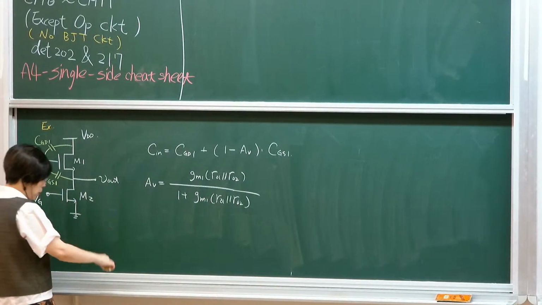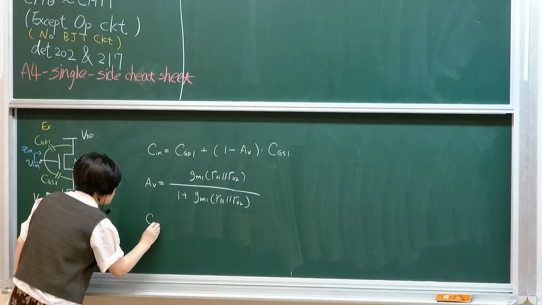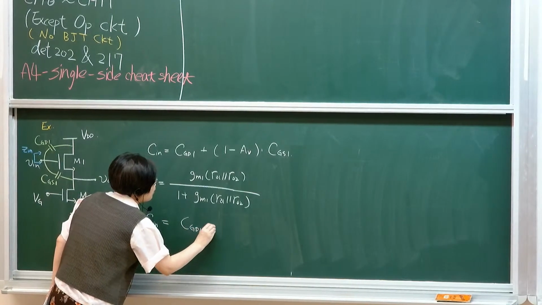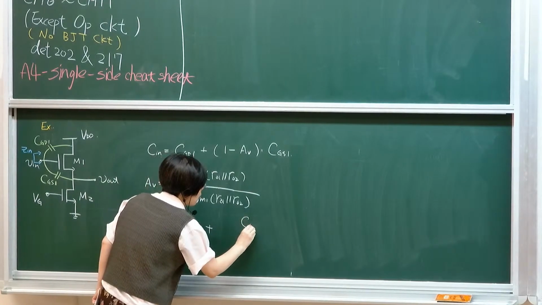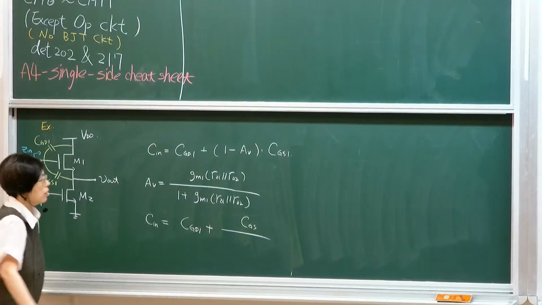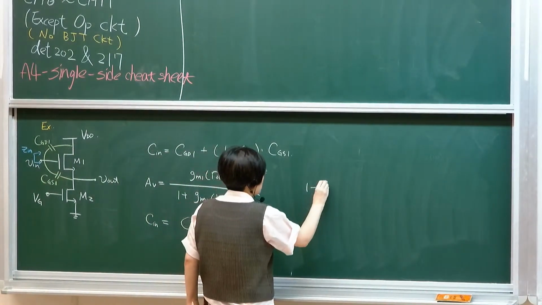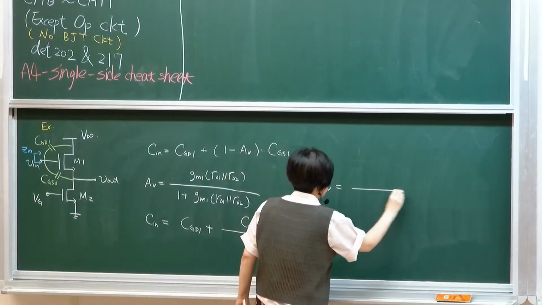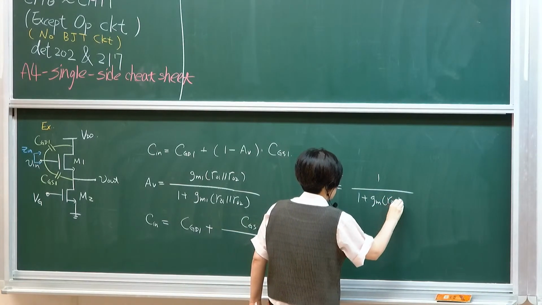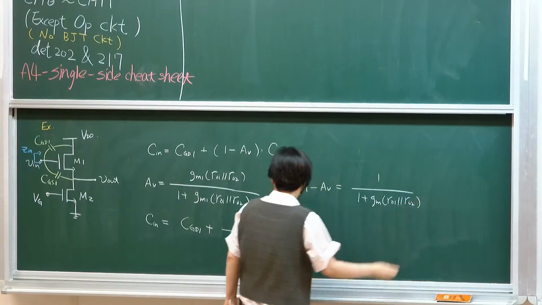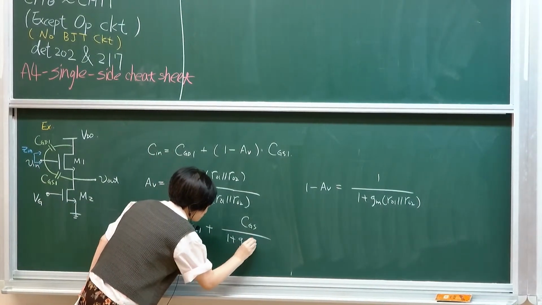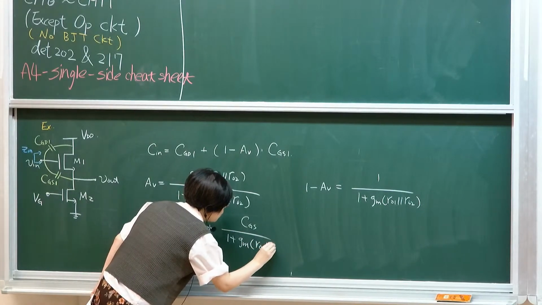So if you simply insert that back in, your input capacitance will be CGD1 plus CGS times 1 minus this. Let me write it down. 1 minus Av will simply be 1 plus your gain, so this will be 1 plus gm (ro1 in parallel ro2).